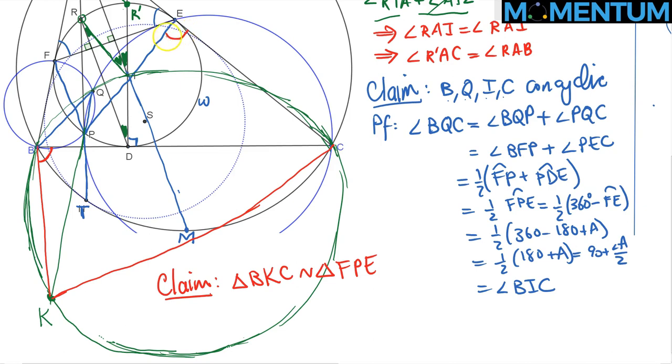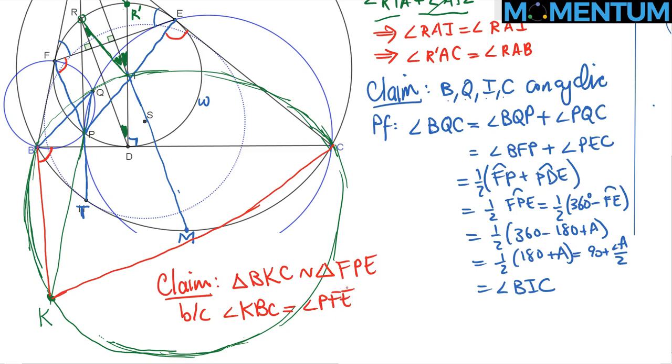Earlier we established that angle PEC is clearly congruent to angle PFE, simply because both of them subtend arc PDE. That's pretty cool. And so the first angle is already proven, because we already proved that angle KBC is equal to angle PFE.